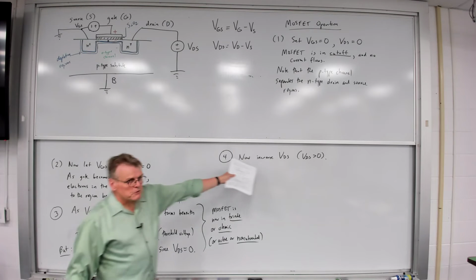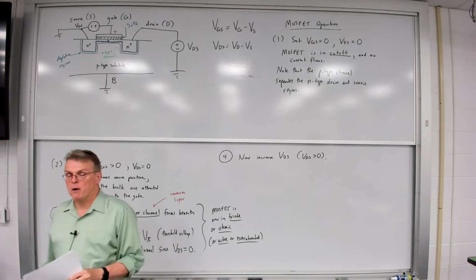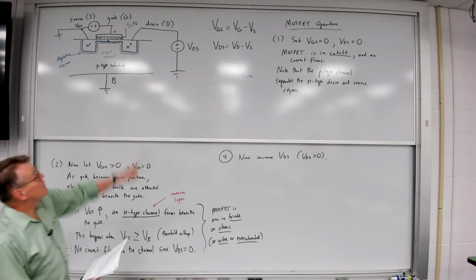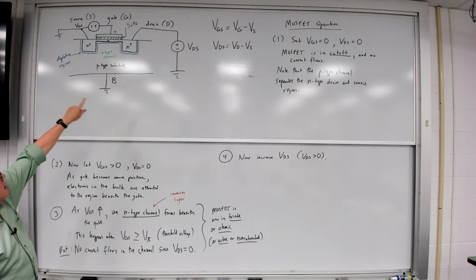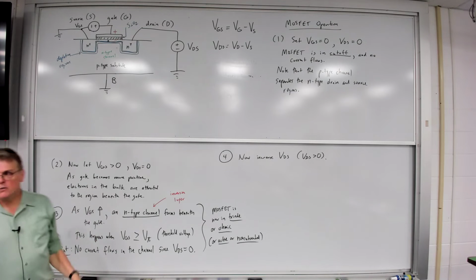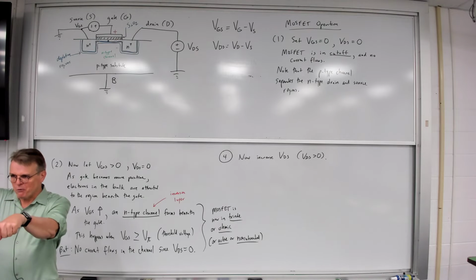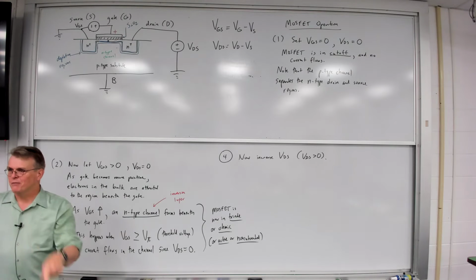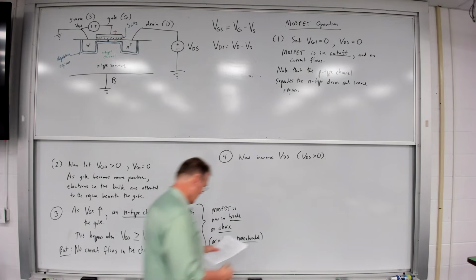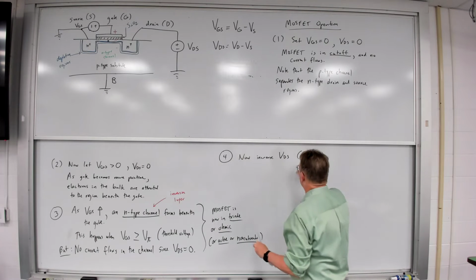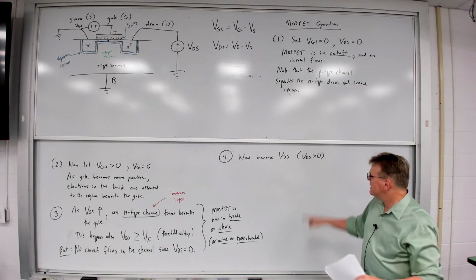So now I'm going to start to increase that voltage, VDS. And as I do, well, I've got a path between the drain and the source. And what's predictably going to happen as I put a voltage across that region? Current's going to flow. So I'm first going to start to increase VDS.